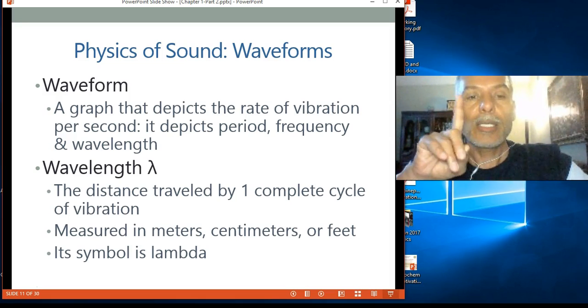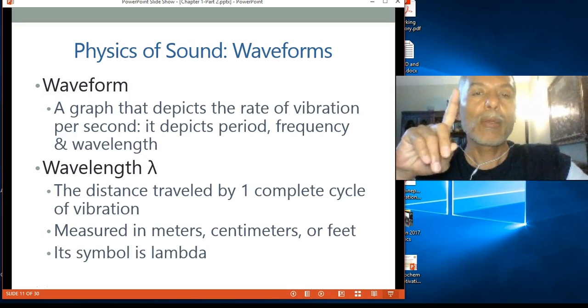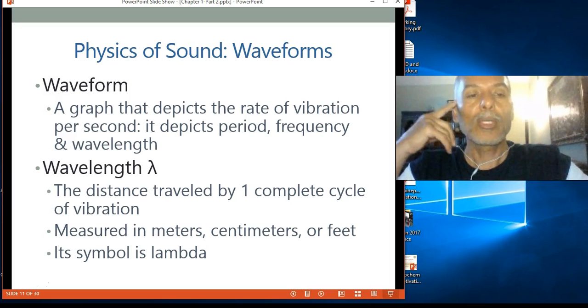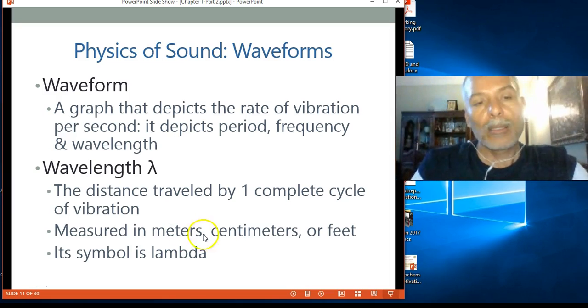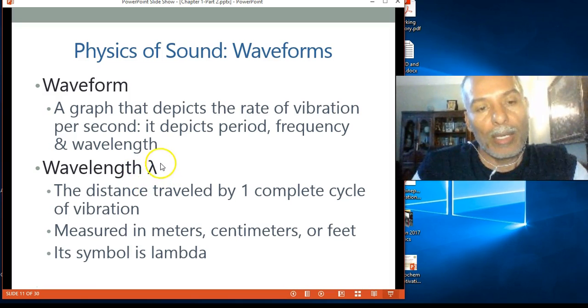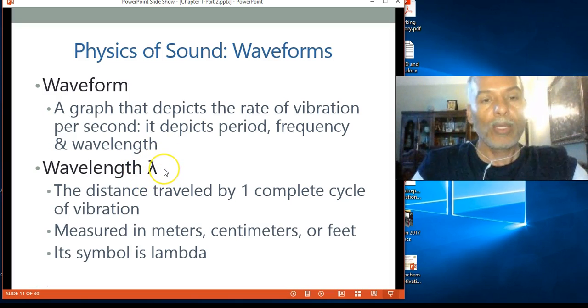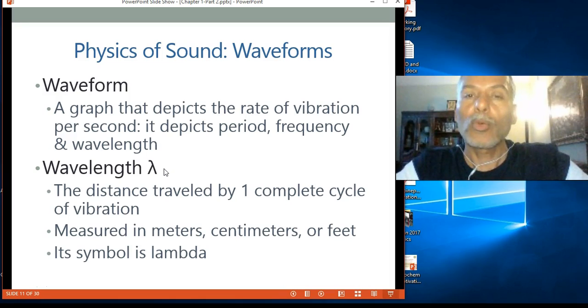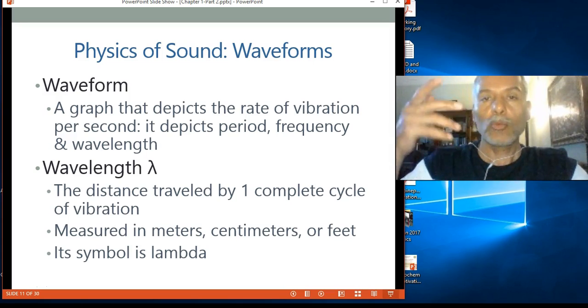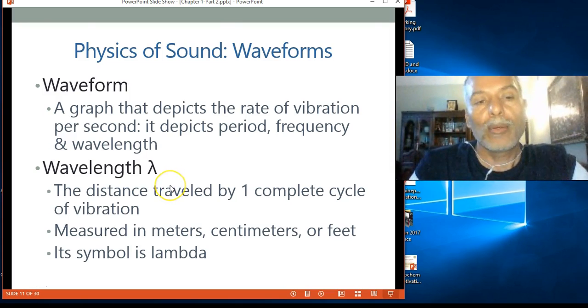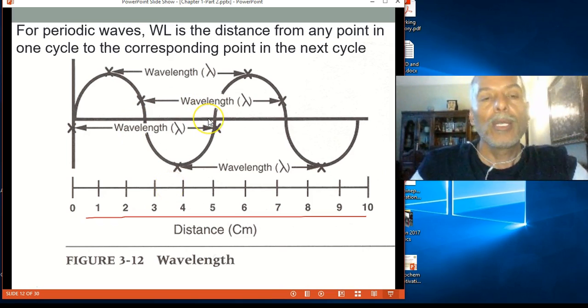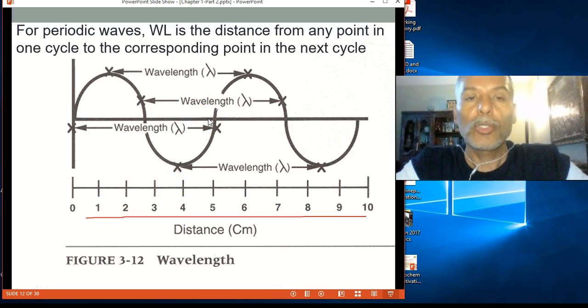So a distance traveled by a single complete cycle of vibration, that is called a wavelength, and the symbol for it is lambda, which is the Greek symbol that is used for wavelength. It is measured in meters, centimeters or feet, and again the symbol is lambda. And we'll do more exercises on this to calculate. But first, I'm going to show you how to identify the length of a wave.